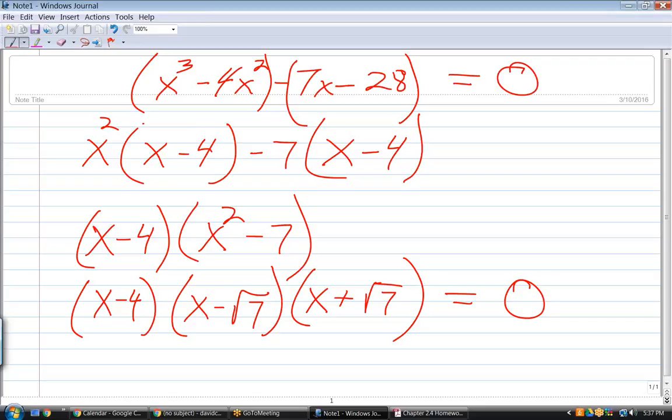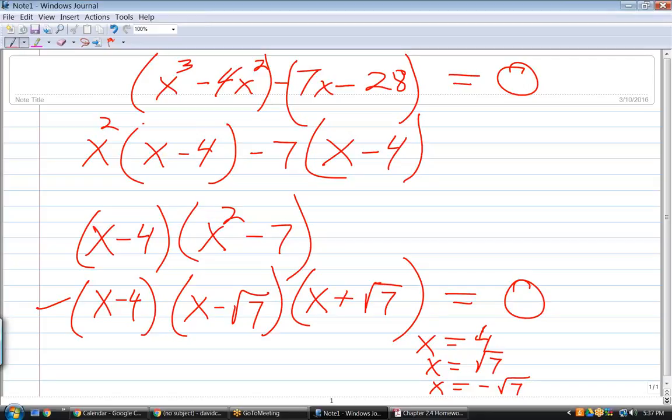And we're going to factor it all the way down, and here are the 3 linear factors. Just because these are irrational numbers doesn't matter. We still get 3 zeros: x equals 4, x equals positive root 7, and x equals negative root 7. Okay, root 7 is what? Approximately 2.6 or something like that? So yeah, we have 3 real zeros.